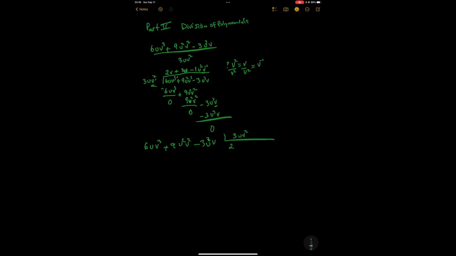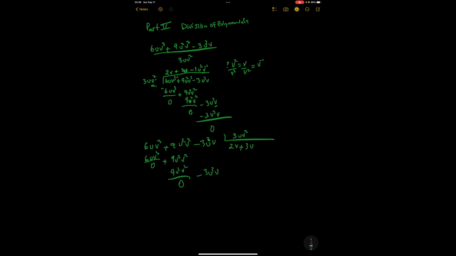V cubed over v squared is equal to v, so that's v. So that will be 6uv cubed, and that's equal to 0. Plus 9u squared v squared, so we would have 9 over 3, that's 3. U squared over u will be equal to u, and v squared over v squared will be equal to 1. So that's going to be 3 times 3u, which will be equal to 9u squared v squared, equal to 0, minus 3u cubed v.